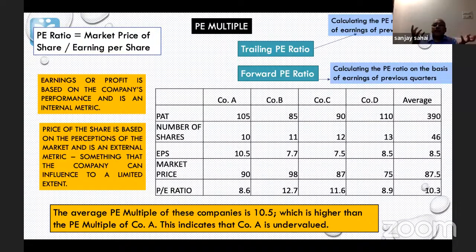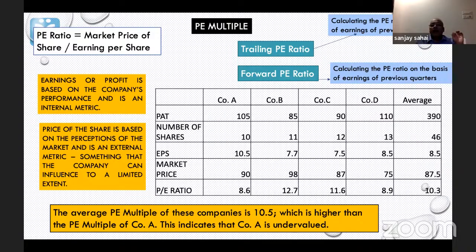Now, there are 2 things first of all, about the PE ratio itself. When I look at the earnings and I calculate like this, when I look at PAT, the earnings of previous quarters, earnings in the past, I call it a trailing PE ratio because I'm looking at past figures.